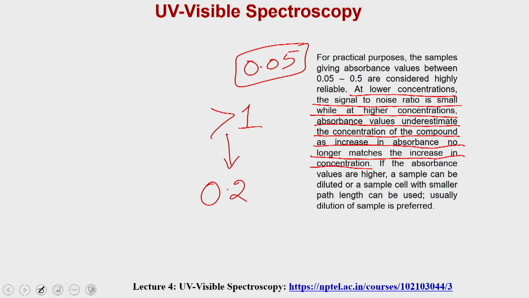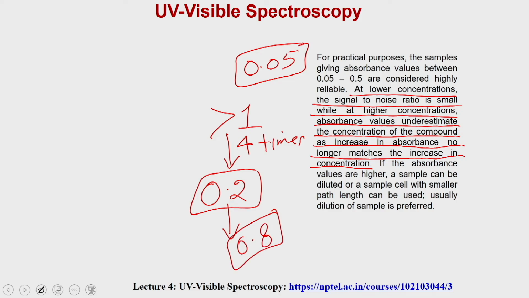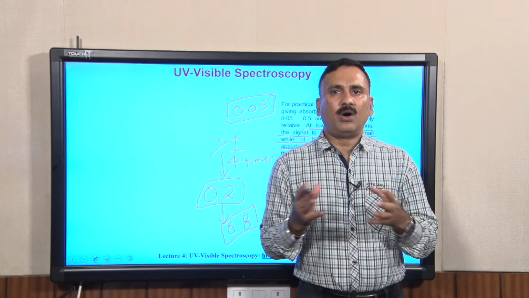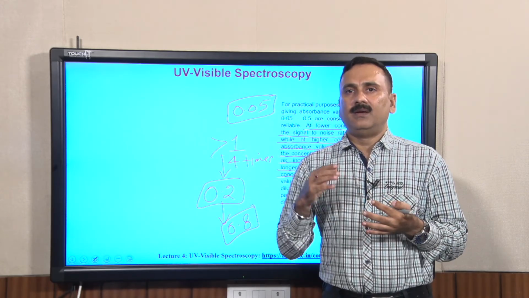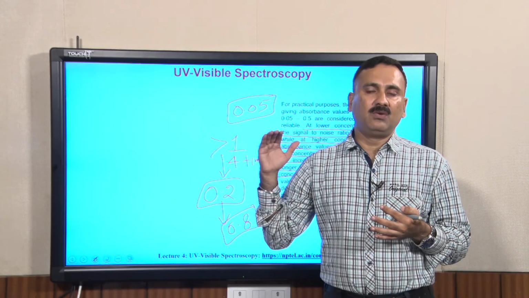If it gives you an OD of 0.2, for example, I have diluted this 4 times and I got an OD of 0.2, this means the original OD is effectively 0.8, and that is how you are going to accurately measure the absorbance of that particular compound.